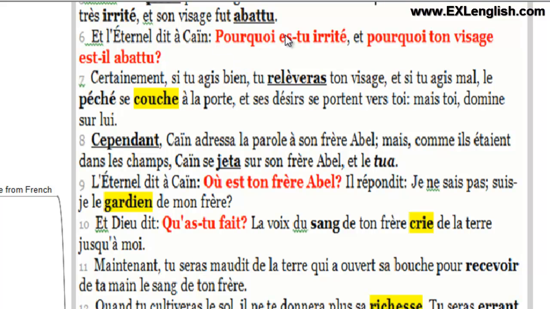For example, why are you irritated? And why is your visage fallen? Or where is your brother Abel? Or what have you done? So I simply highlighted and made each of those questions bold and colored them red, so that way I could go back and study them later.